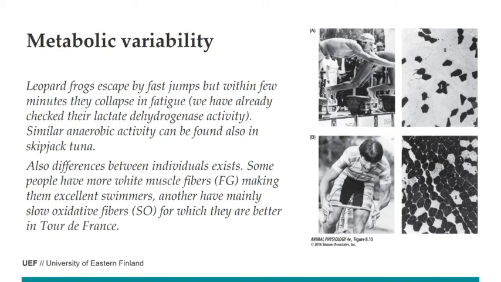Some people have more white muscle fibers, and that's why they are excellent swimmers. And other people have more slow oxidative fibers, these red fibers that are black in this picture, and they are better, for example, in the Tour de France.